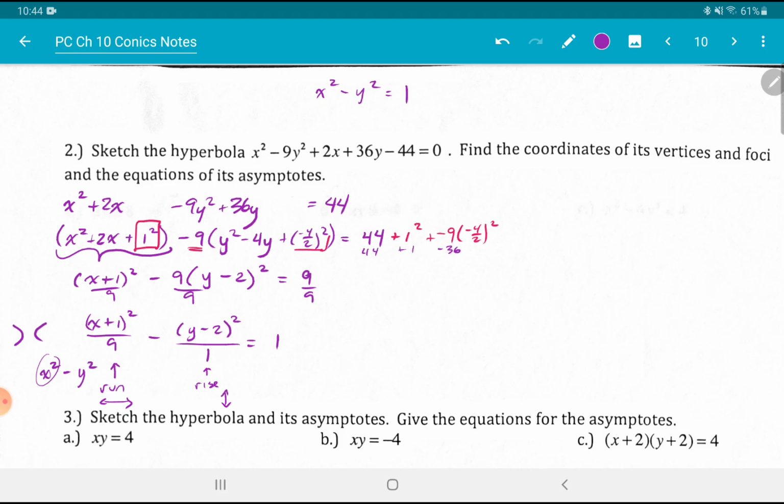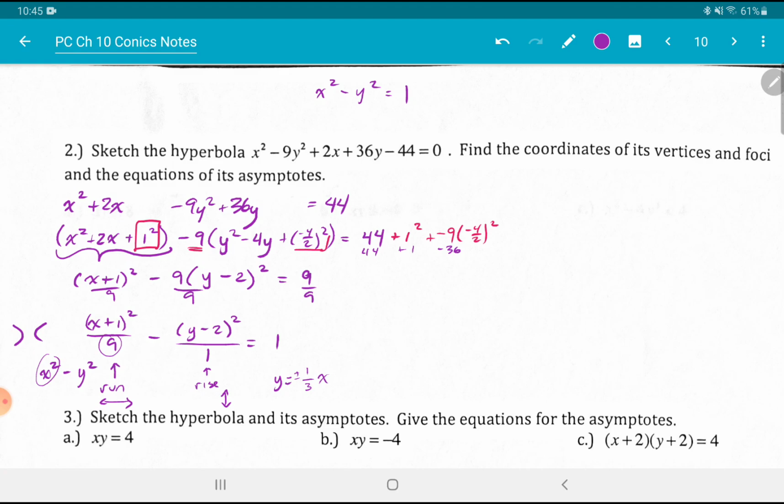Okay, so our equation of the asymptote then will be in the form, some kind of form actually, of a rise, which is 1, over a run, which is 3, since the 9 is like a 3 squared, 1 over 3x, plus and minus 1 over 3x, something of that sort.